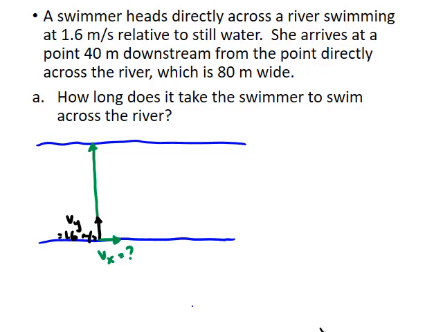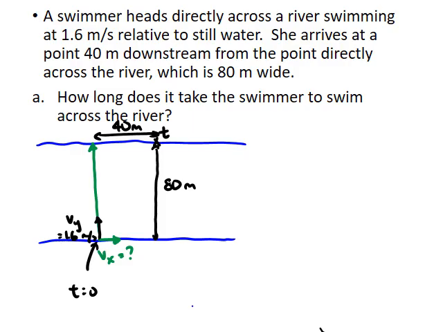We know that this is t equals 0, and after some amount of time t, the swimmer ends up somewhere down here, which is 40 meters from here. You also know the river is 80 meters wide.